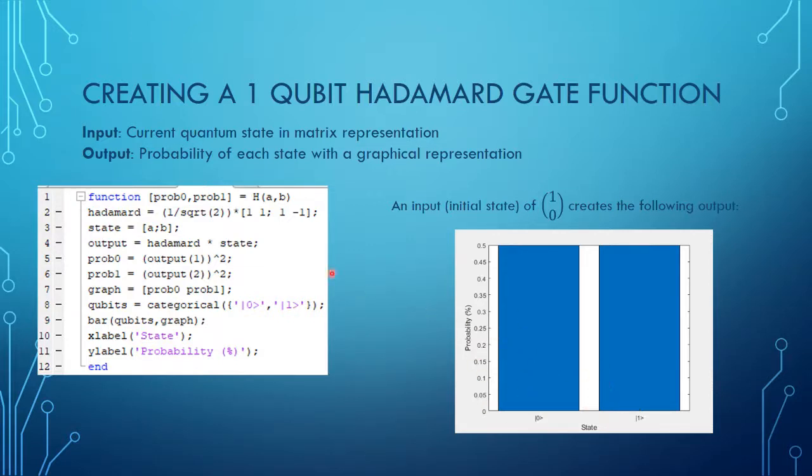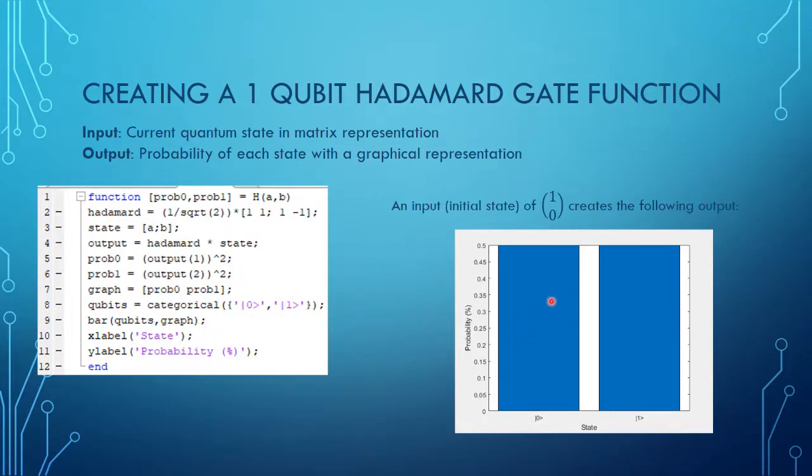So the function begins by declaring a 2 by 2 unitary Hadamard matrix and creating a column vector to represent the current state, or the initial state. Then we see that line 4 performs the matrix multiplication that was seen on the previous example in the previous slide. And afterwards, the probability for each state is calculated and plotted on the bar graph.